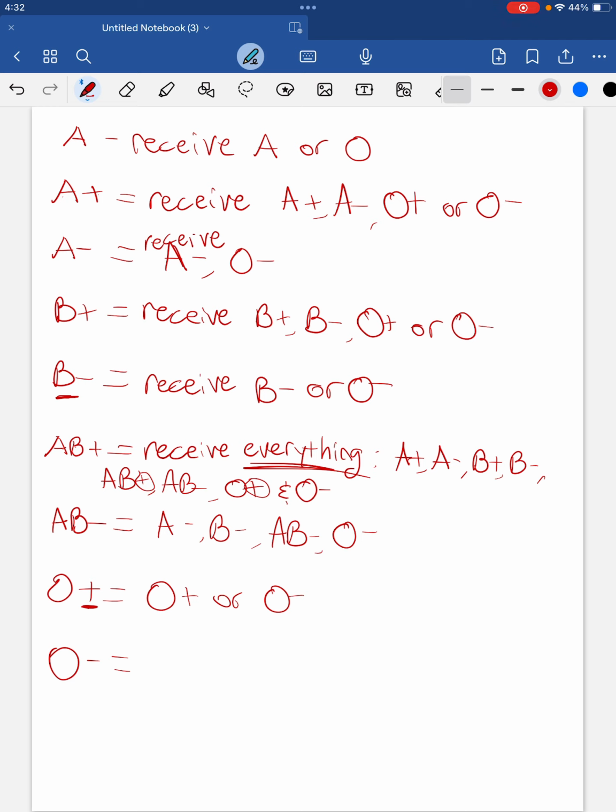They would make anti-A antibodies or anti-B antibodies, so they couldn't take A, B, or AB blood. O negative, this poor person can only receive O negative blood.